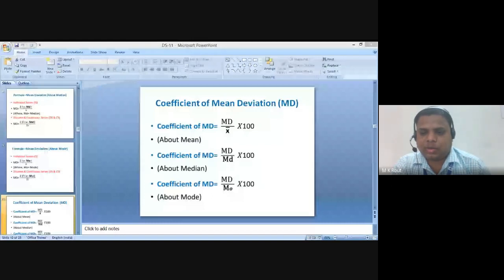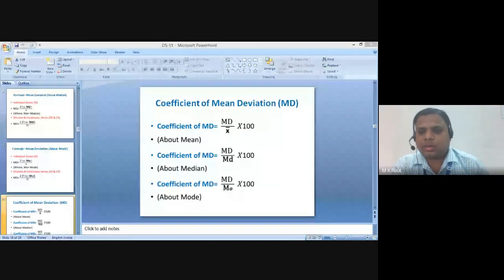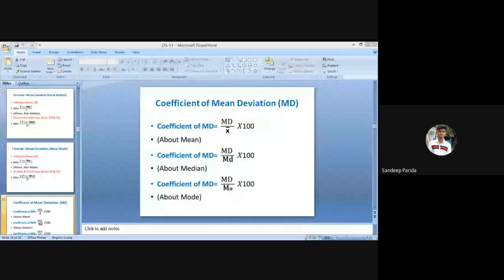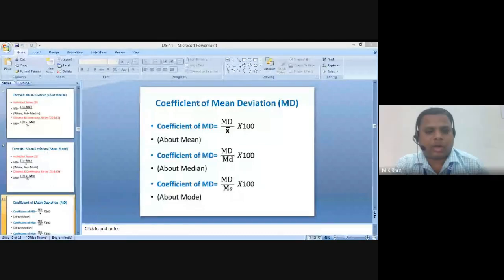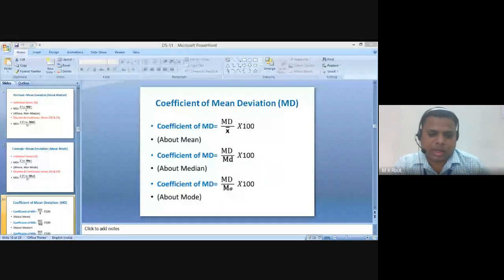Sangeet, yes, how many formula you have written in case of calculation of mean deviation? Six. Okay. Sandeep Parida, are you there? Yes, sir. How many formula you have written in case of calculation of mean deviation? Six. Okay.